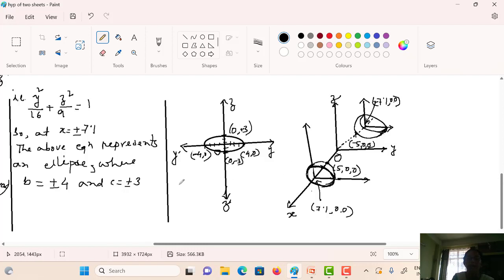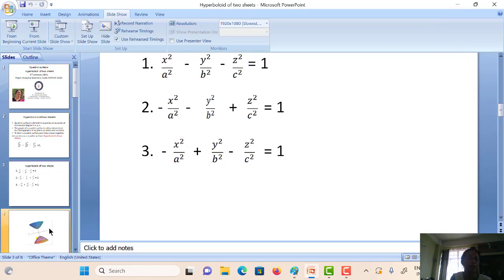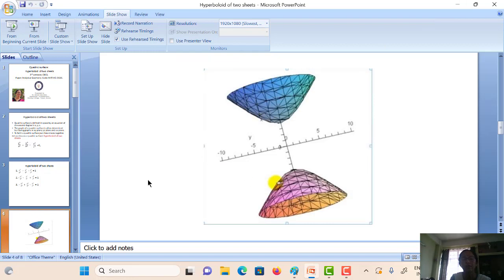Okay, and we have already found that for 5 and minus 5 vertices we get two hyperbolas. So combining all these three cases, we can find the figure like this one.